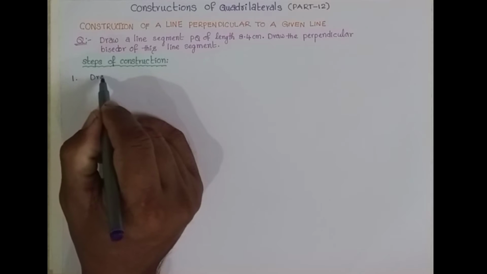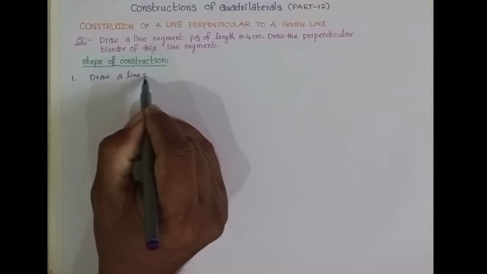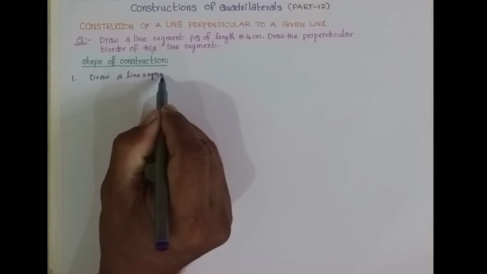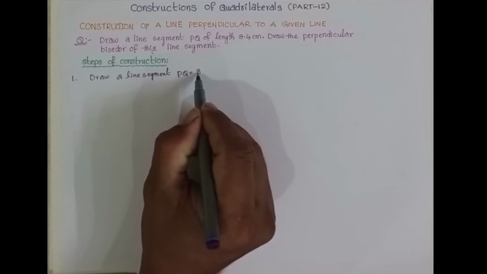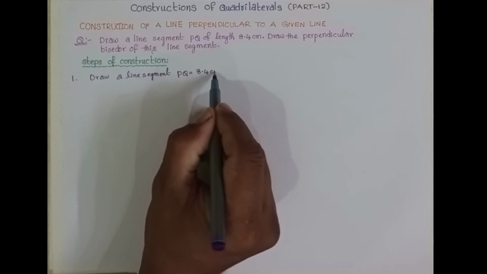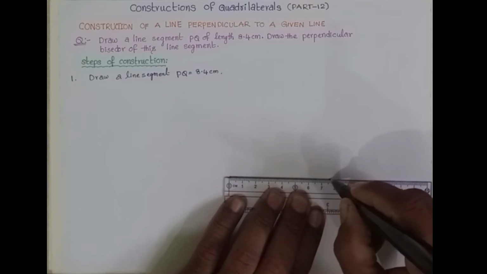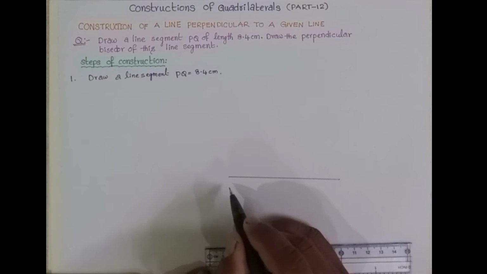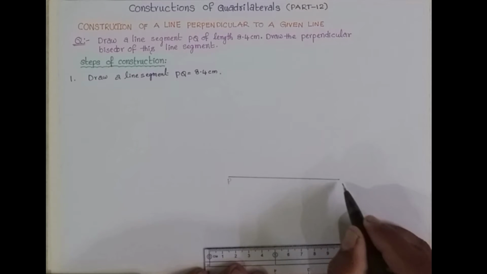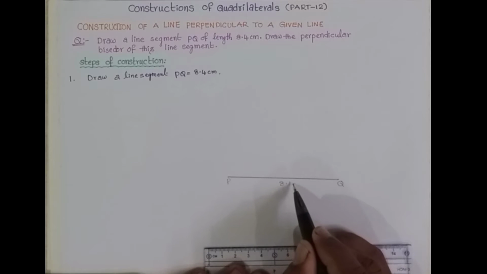Draw a line segment PQ of length 8.4 centimeter. Suppose it is point P and it is Q, of length 8.4 centimeter.